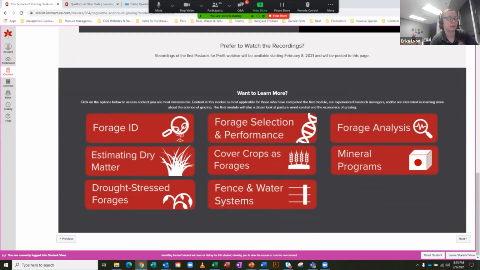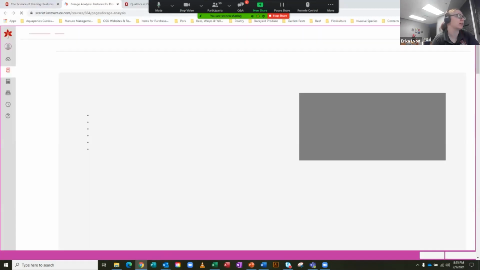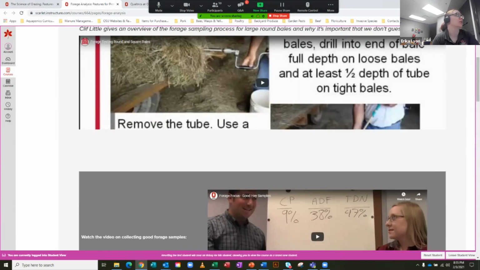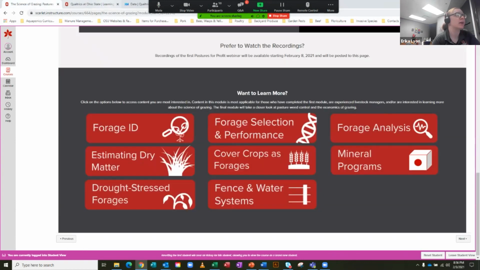If you scroll all the way down to the bottom, we have some topic specific information that you can click on those buttons and learn about these topics. For example, we briefly hinted at forage analysis, but I highly recommend that you take a look at the forage analysis section. If you click on that, it'll open in a new window, and then you would just go through the additional videos and accompanying material.